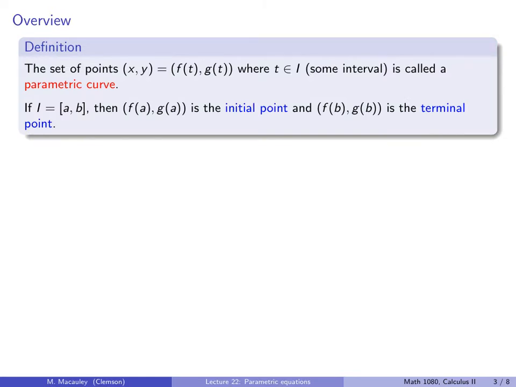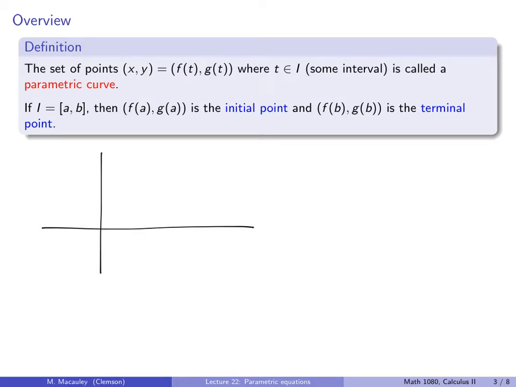So formally, the set of points x, y, where x is a function of time and y is a function of time, and time is constrained to some interval, is called a parametric curve. Let's write our interval as a to b. Let me draw a picture of this first before we proceed.